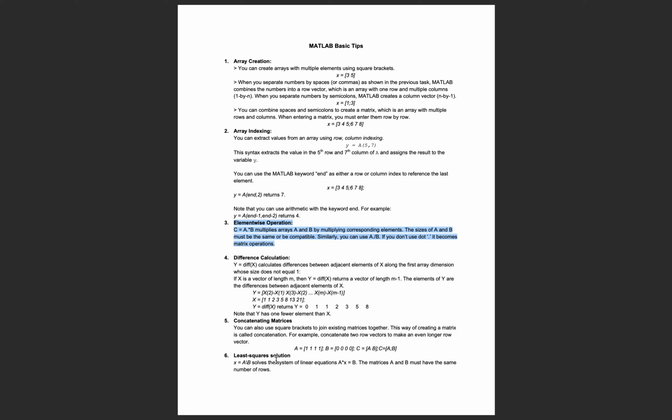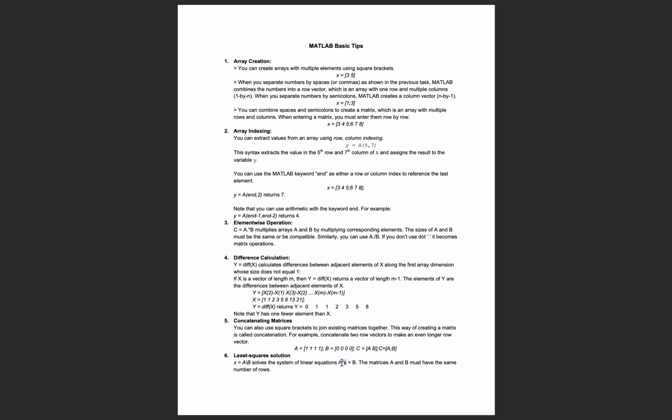Now the final thing I'm going to explain here is about least square calculation. So if you have an equation like ax is equal to b and you want to find x, what you can do is b divided by a. So this is easy for a number, but for vectors you should do something else. And least squares is one of the methods we will use to do that for vectors or matrices. So how can we do that? So we can use a forward slash operator.